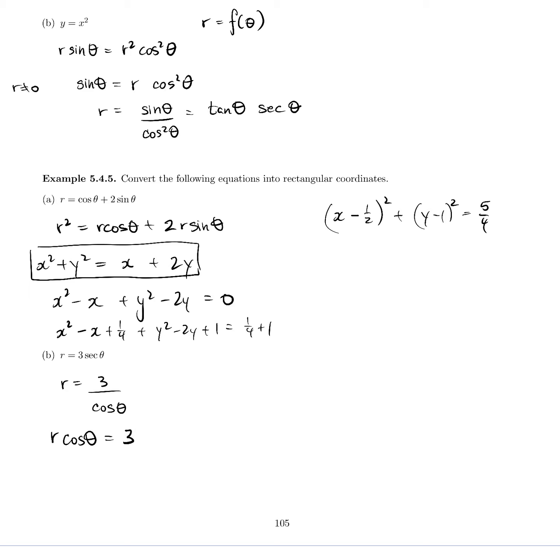Well, that's super convenient as well. That is x is equal to 3, and so that is actually the equation of just a vertical line. The vertical line where x is equal to 3 is in polar coordinates, r is equal to 3 secant theta.